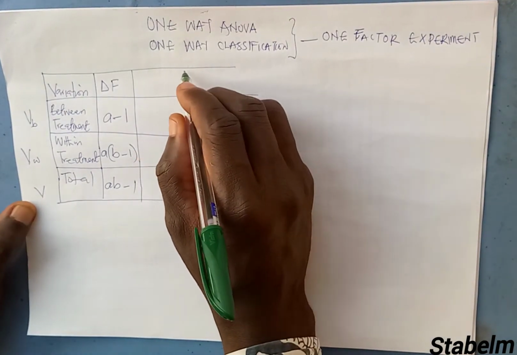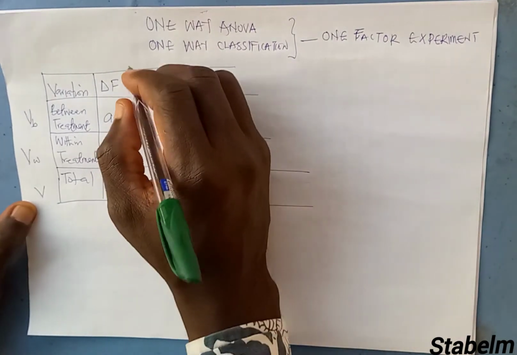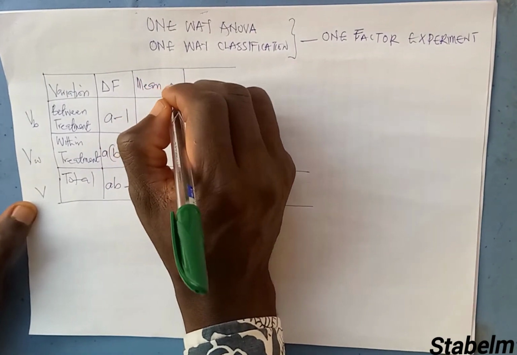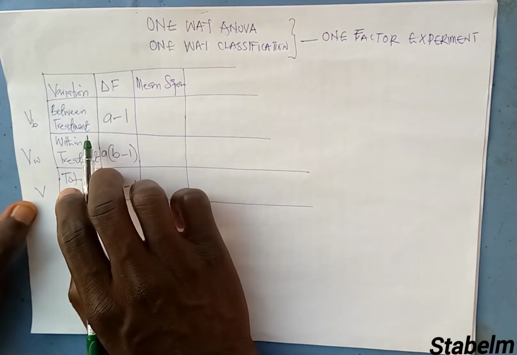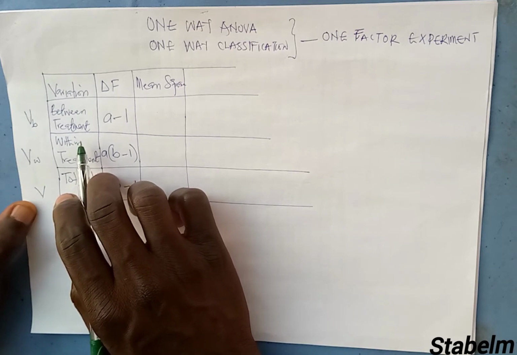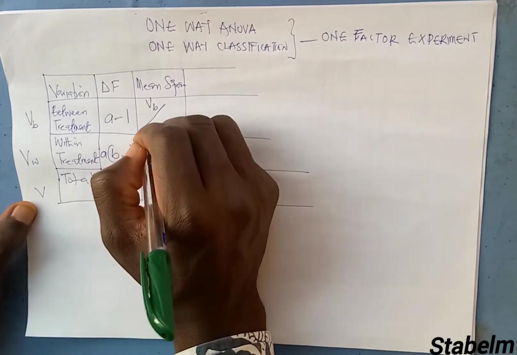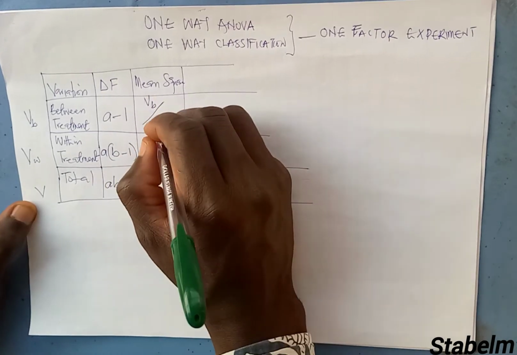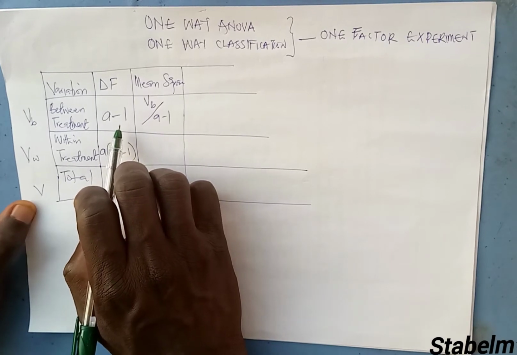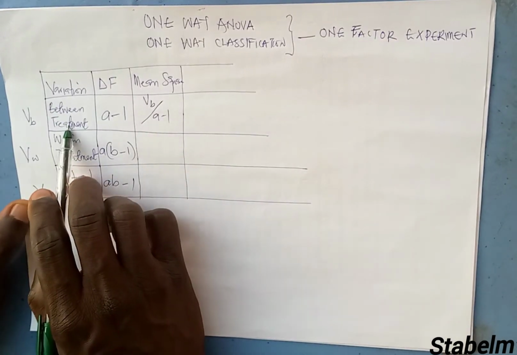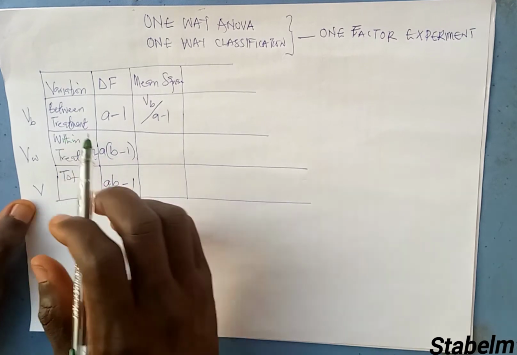Now the next column is the mean square. The mean square for variation between treatment is V subscript B divided by a minus 1, which is this degree of freedom, and this V subscript B is the value we got here for the variation between treatment.